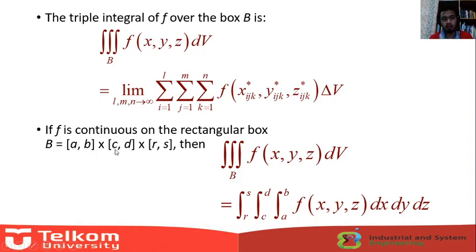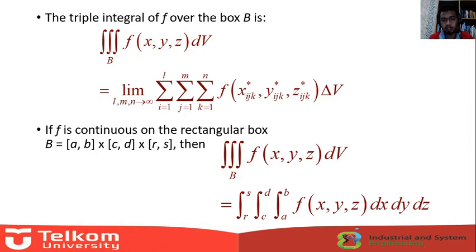If x is from a until b, y is from c until d, and z is from r until s, then the integral is f(x, y, z) dx from a until b, dy from c until d, and dz from r until s. So this is the equation of the triple integral.